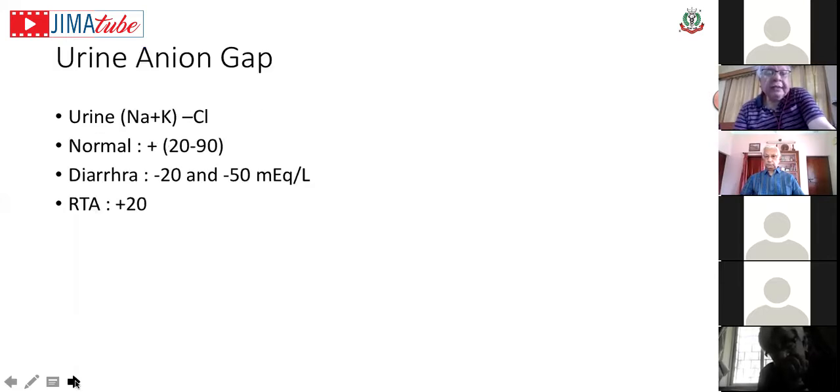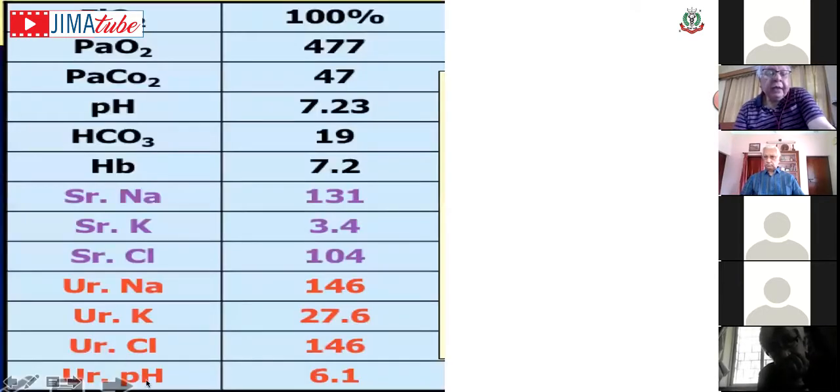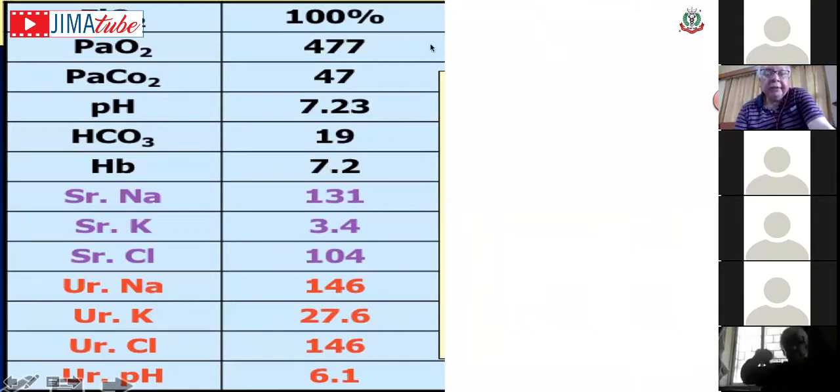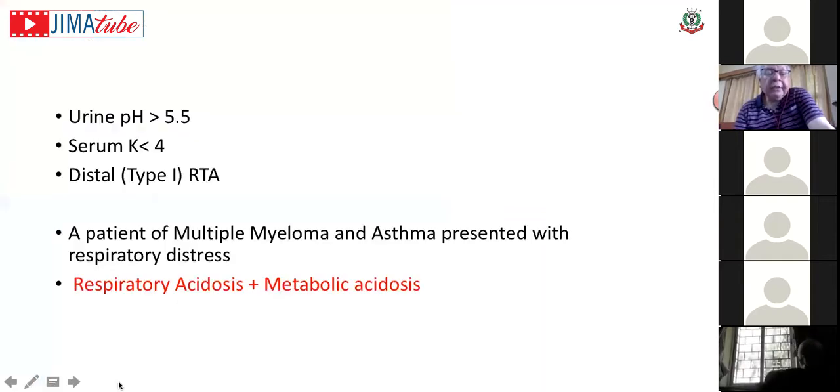So basically this case is, and how do you know what type of RTA this is? This is the urine pH. Can anybody tell me what type of RTA? You have to look at the urine pH to know the type of RTA. Type 1, because in renal tubular acidosis type 1 or distal RTA, urine pH is more than 5.5 and serum potassium is less than 4.